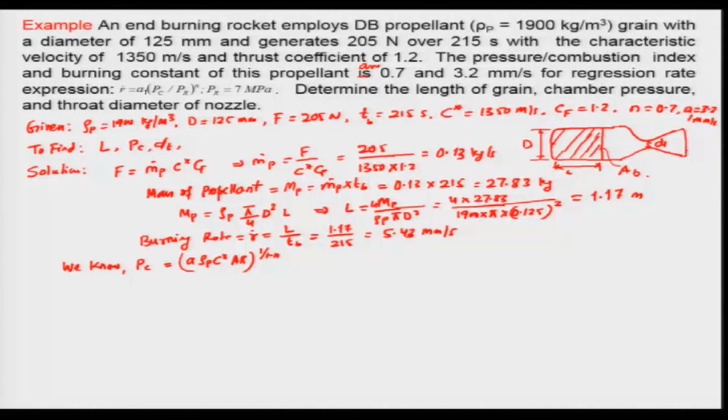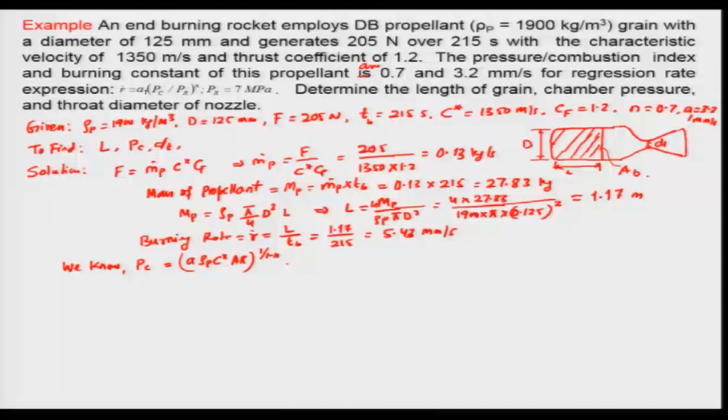Keep in mind that this is gamma by root over R Tc, and A will be like that.